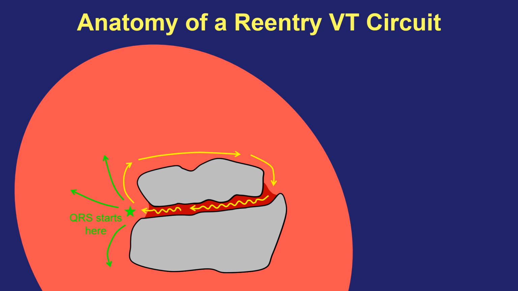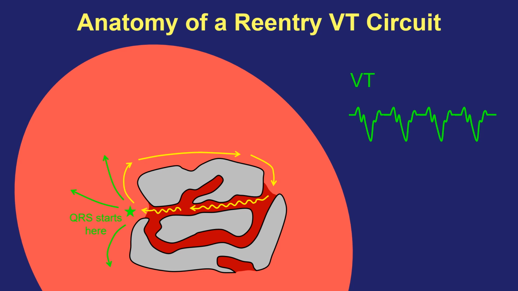The QRS morphology during VT of this type will be determined by where the wavefront exits the area of scar out to more normal myocardium, where it breaks out into faster conduction, traveling across the left and right ventricles and creating the QRS, or what we would call electrical systole. The VT again would be determined by this one site, which, as we'll review shortly, is called an exit site.